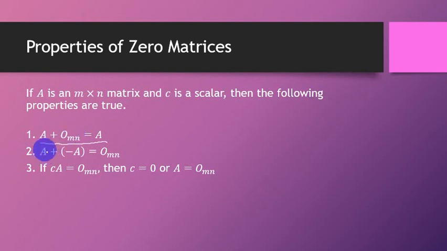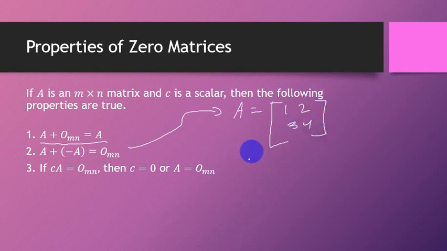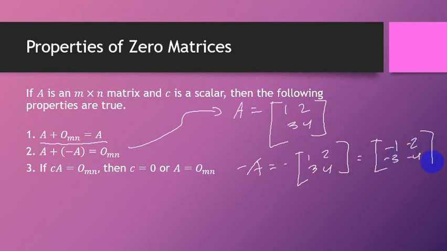Now, if we add A to its negative, then it produces the zero matrix. So a specific example, if we let A be equal to 1, 2, 3, 4, then the negative of A would be equal to negative 1, negative 2, negative 3, and negative 4.